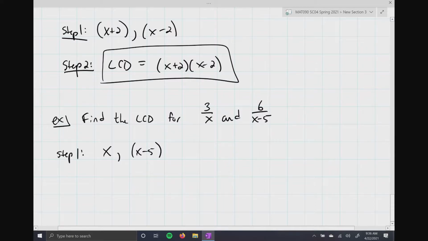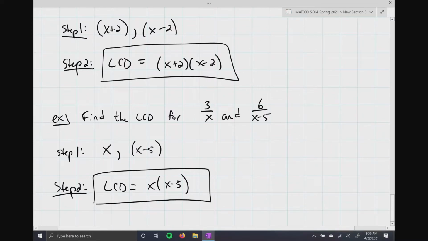Step 2, the LCD is going to be the product of each of the factors. And since they only repeat once, that's all you get. Any questions? All right, let's have some fun.